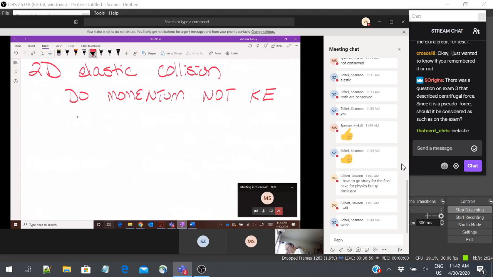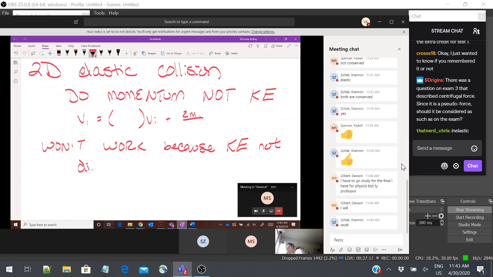If you try to do this equation, the 2m1, etc., from the formula sheet, it won't work because kinetic energy doesn't have a direction. Right?